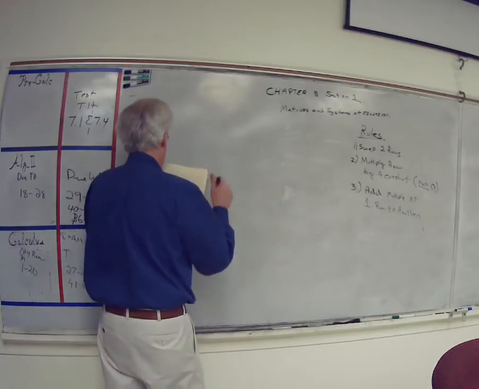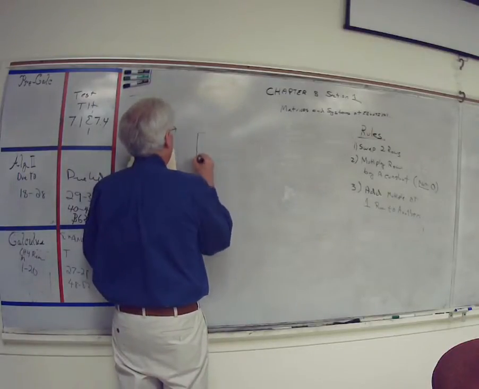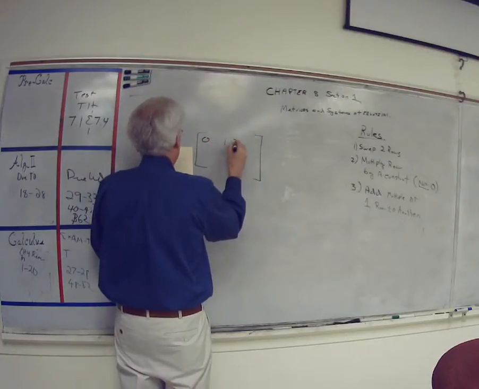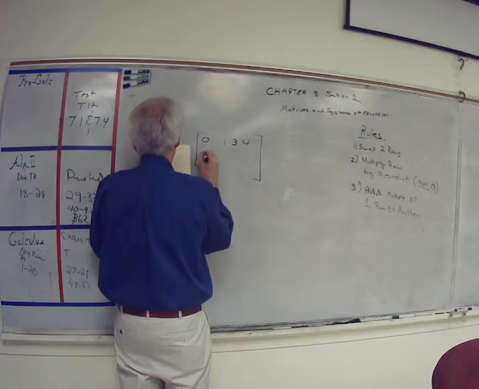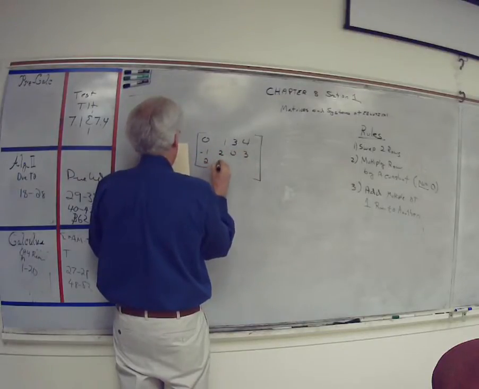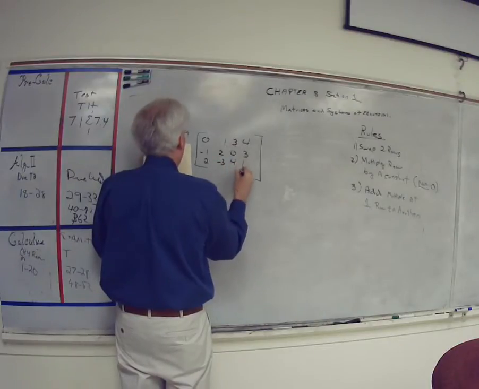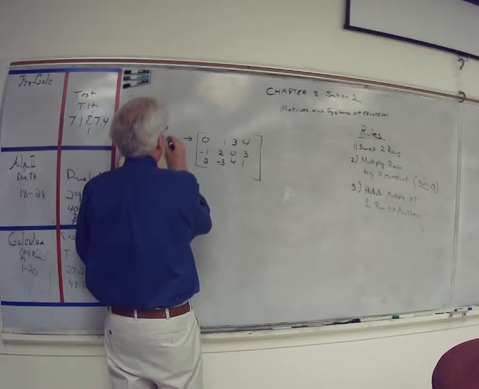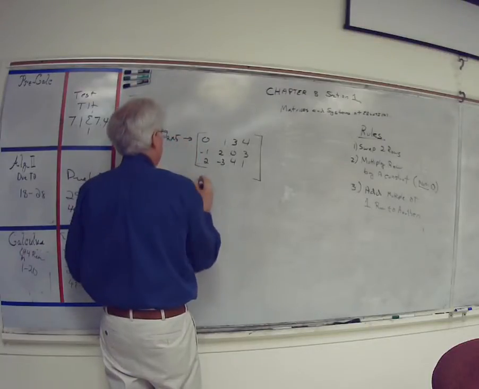So then let's say I have 0, 1, 3, 4, and minus 1, 2, 0, 3, and 2, minus 3, 4, 1. Could I multiply row 1 times 5?